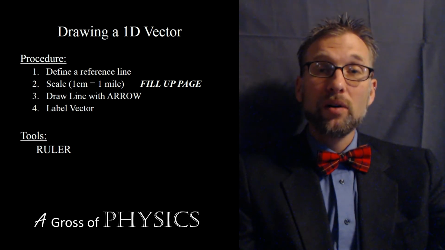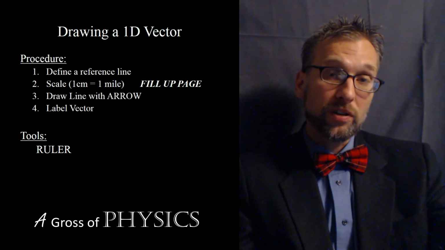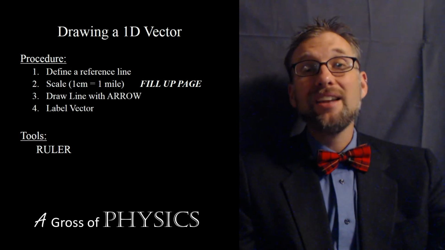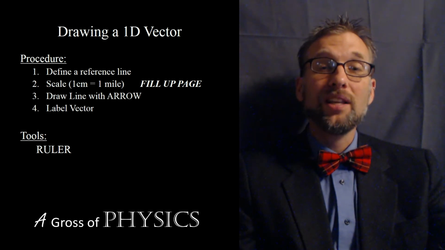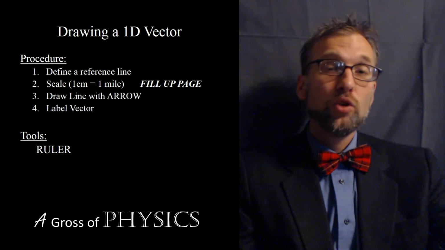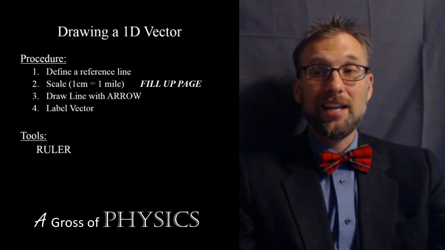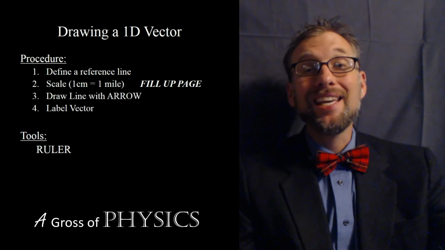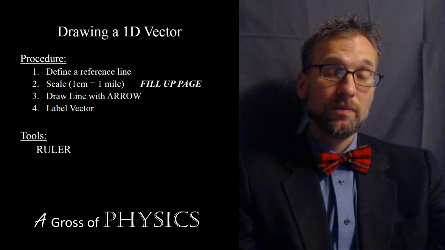You don't want to start an arrowhead at the end of the line, because then that will make the line longer than you measured. So you want to make sure that the tip of the arrowhead goes all the way to the end of the line that you drew. So if you draw a 7 centimeter line, you want the arrowhead to end at the 7 centimeters, not begin at the 7 centimeters, because otherwise you're going to make it longer than 7 centimeters.